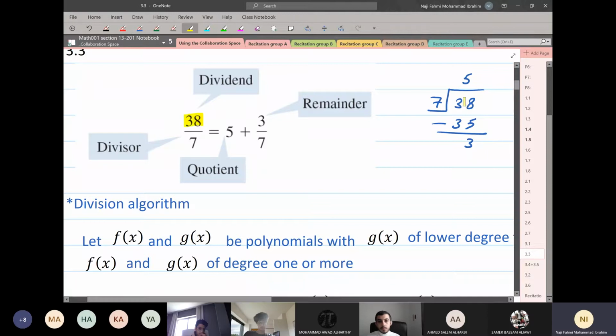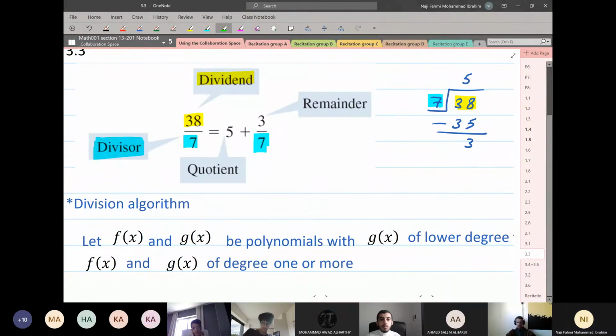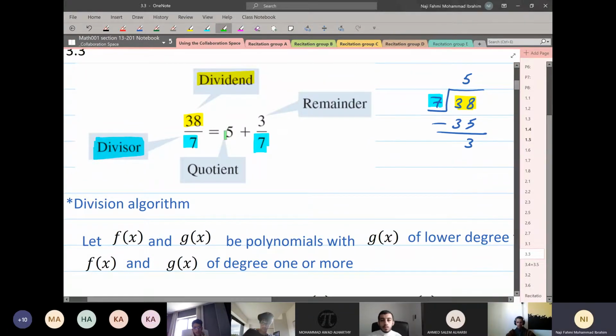Now let's introduce some of the names. This 38 here, we call it the dividend. The 7, we call it the divisor. What do you call this divisor in Arabic, if you remember? No answer.